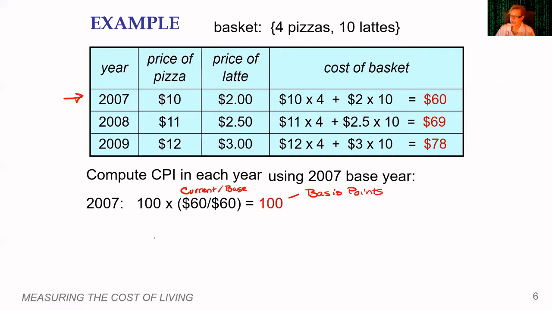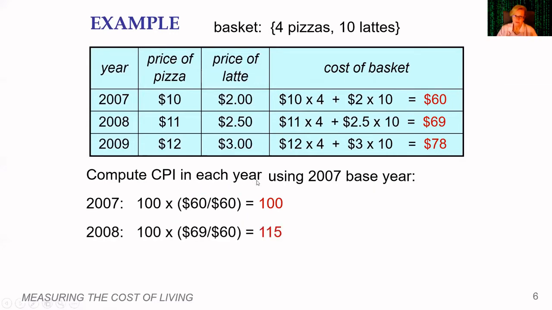In 2008, then, we're going to take the current year, 69, divide it by the base, and multiply by 100. And that's going to give us 115 basis points. Remember, that's 1/100th of a percent. And for 2009, the current year divided by the base year, 130.